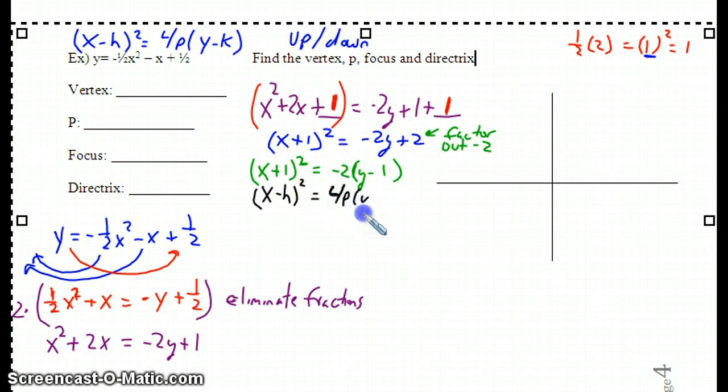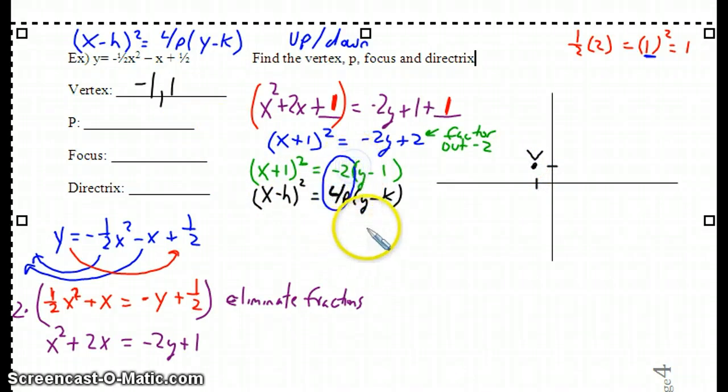So if I just write the generic form underneath it, we'll see some things start to line up. My h is a negative 1, and my k is a 1. So my vertex is negative 1, 1. So there's my vertex. My p-value, I can find that by writing the equation negative 2 equals 4p.